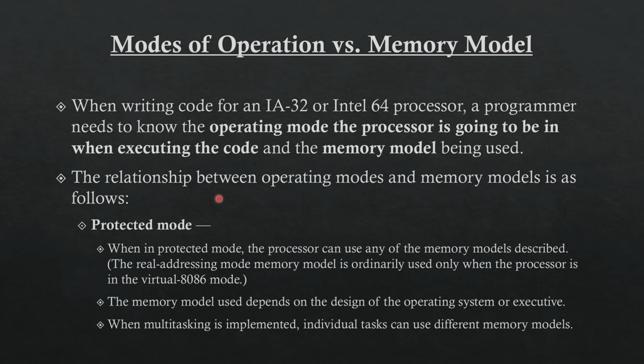The relationship between operating modes and memory models is as follows. First, protected mode. When in protected mode, the processor can use any of the memory models described, and the memory model used depends on the design of the operating system or executive. When multitasking is implemented, individual tasks can use different memory models.